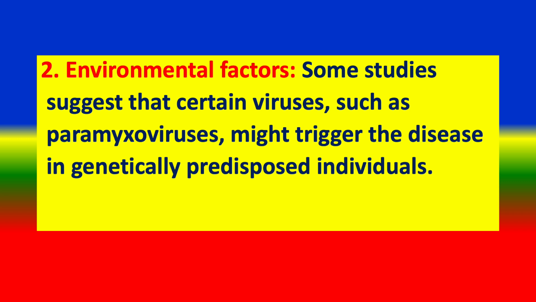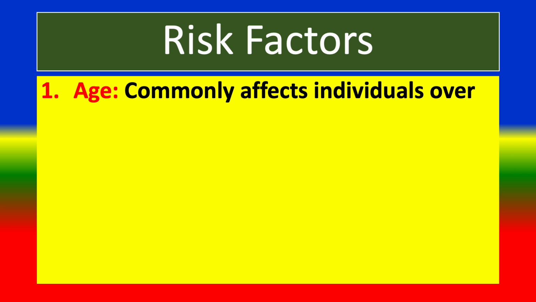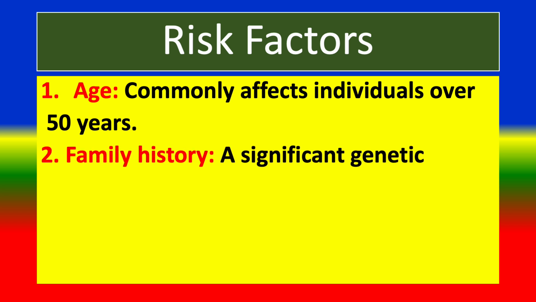In genetically predisposed individuals, risk factors. 1. Age. It commonly affects individuals over 50 years. 2. Family history.